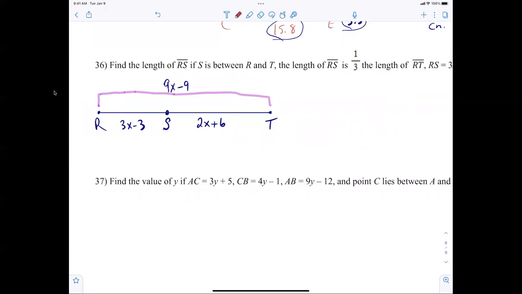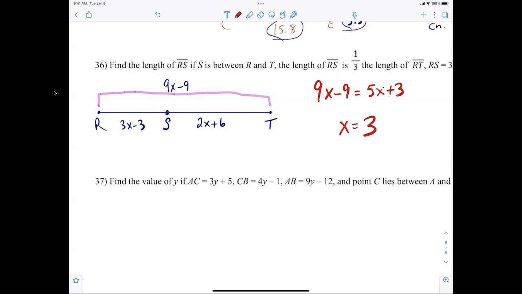9x minus 9. Yes, 9x minus 9 equals 5x plus 3. And we can do the mental math on that and just tell me x is equal to what? I think 3, right?